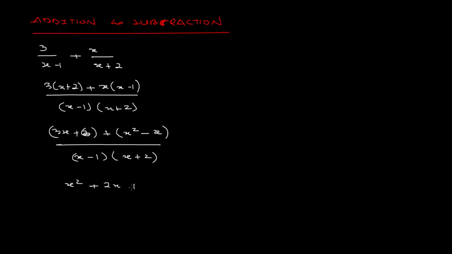Then my 6 is single, so we can put it there. Then what's next? What's next is I can return this just like this. Or if I want, I can actually expand this so that it's in the same format as this one, because I can't simplify this any further. Okay. So this is one way.